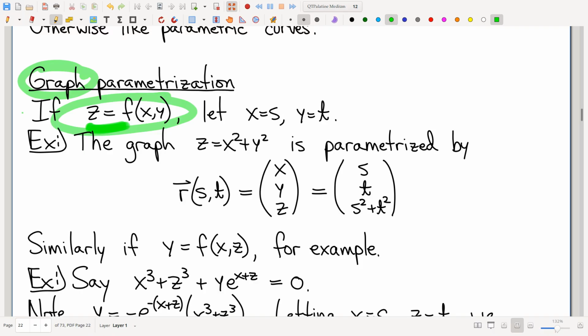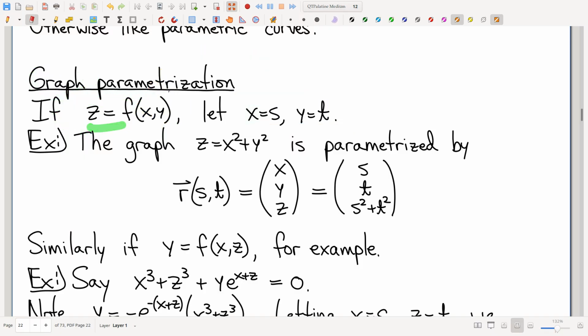It's the same trick. It's the exact same trick. Whatever are your input variables in viewing your surface as a graph, let those be your parameters. It's just like with parametric curves. Does everybody remember graph parameterization for curves? Totally analogous. The rule there was let the input variable, singular, be your parameter. The rule here is let your input variables, plural, be your parameters, plural.